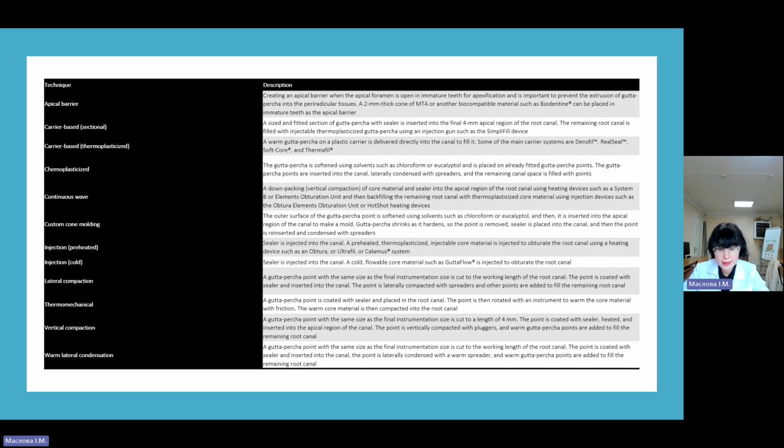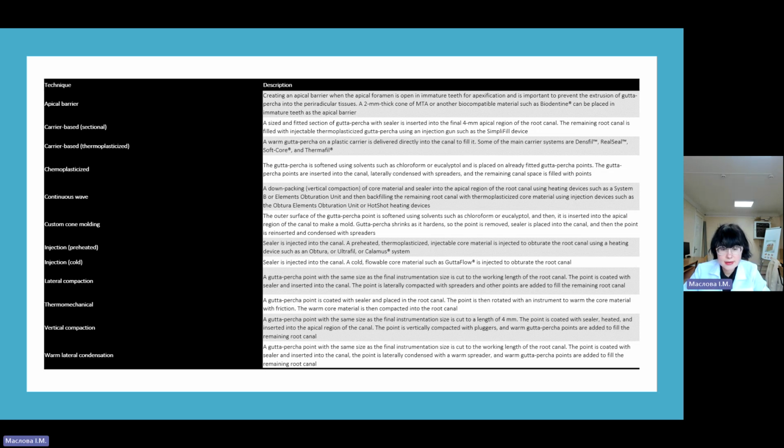A 2 millimeter thick plug of MTA or another biocompatible material, such as Biodentine, can be placed in immature teeth as the apical barrier.